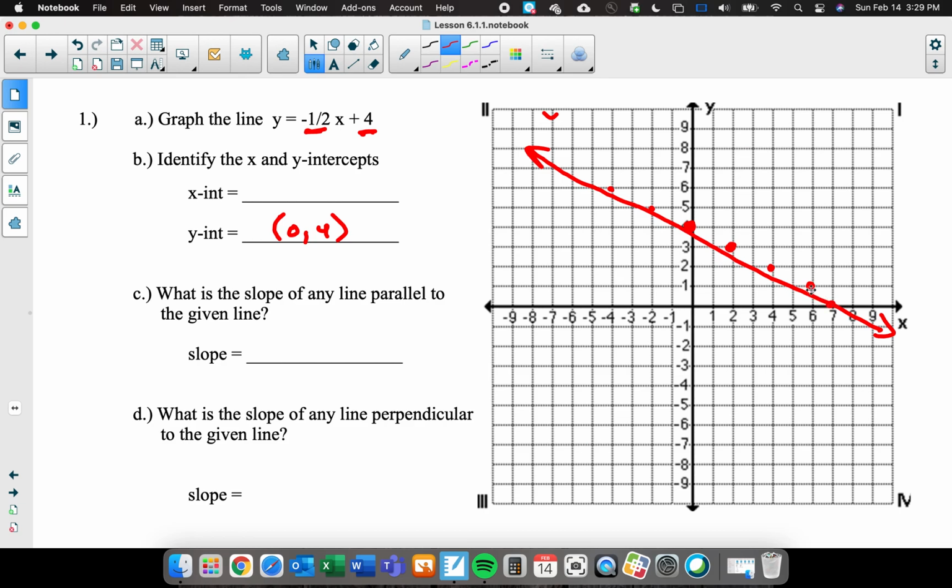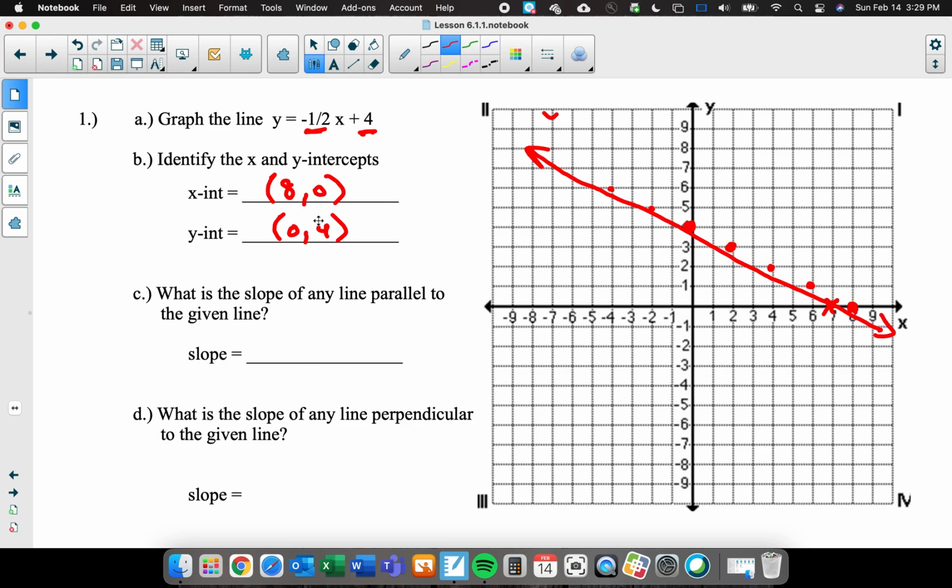Oops, I did this wrong, didn't I? I went down 1 over 2, down 1 over 2, down 1 over 2, and then I went down 1 over 1. That point should actually be over here at +8. Missed it. That one should not be there. And so my x-intercept in this case is (8, 0).